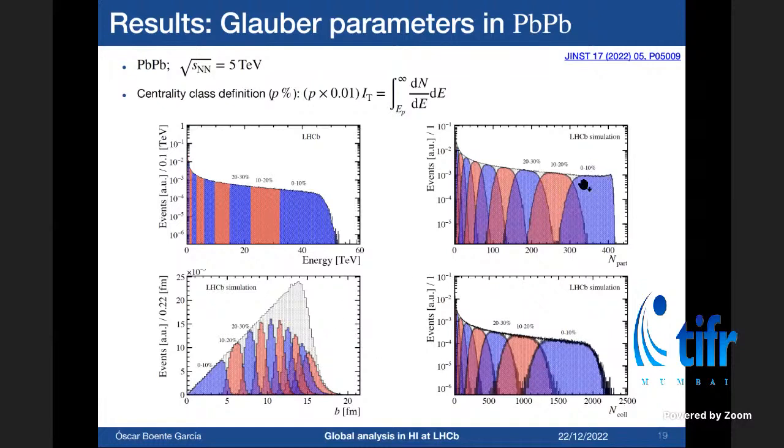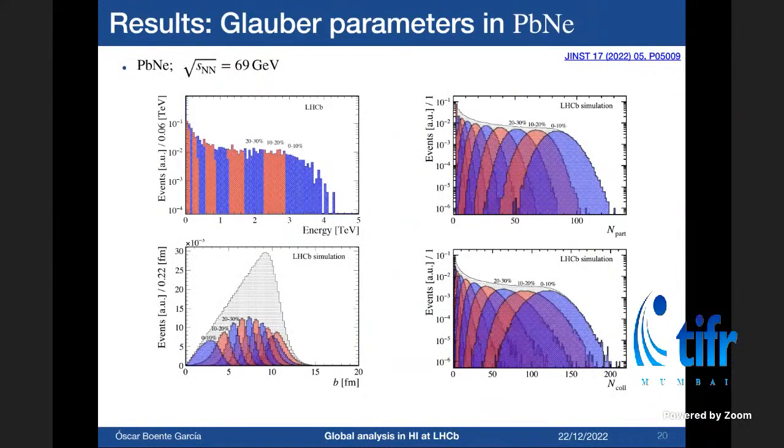Basically, the parameters of interest would be the mean of each of the values and also the sigma. You can see that these values, already from Glauber, have some overlap between neighboring values. And this would be the same, but for Pb-Ne. Okay, the energy is much lower, so the energy collected in the ECAL is also lower.